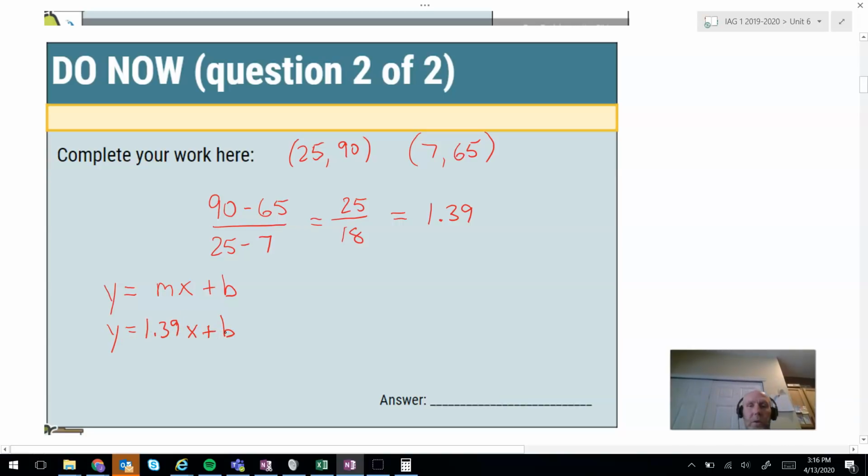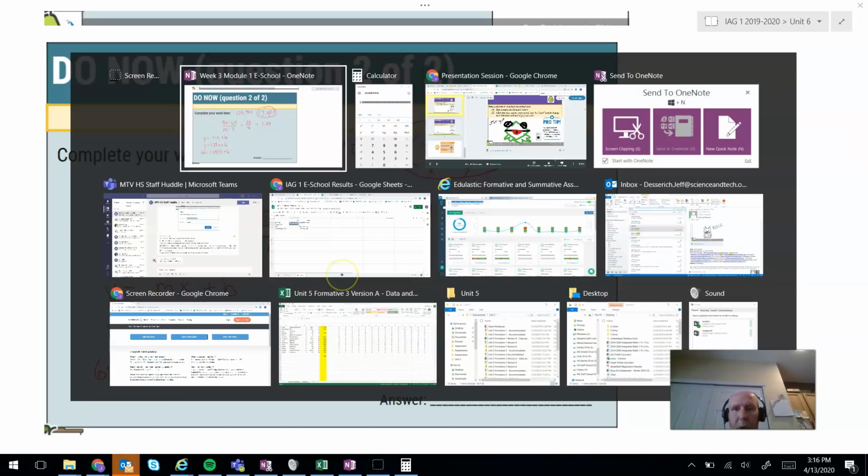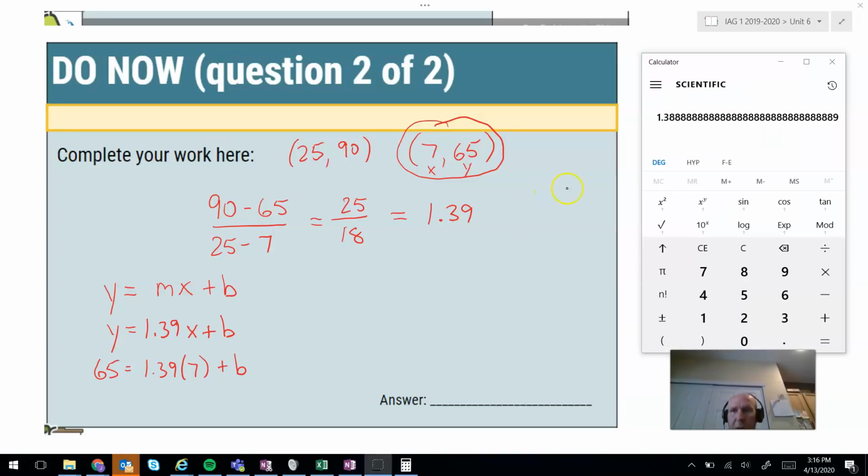You can choose either of the 2 points we were given. I'll go ahead and choose 7, 65, where 7 is the x and 65 is the y. So 65 equals 1.39 times 7 plus b. I'll use my calculator for 7 times 1.39. Sorry about the flashing there.